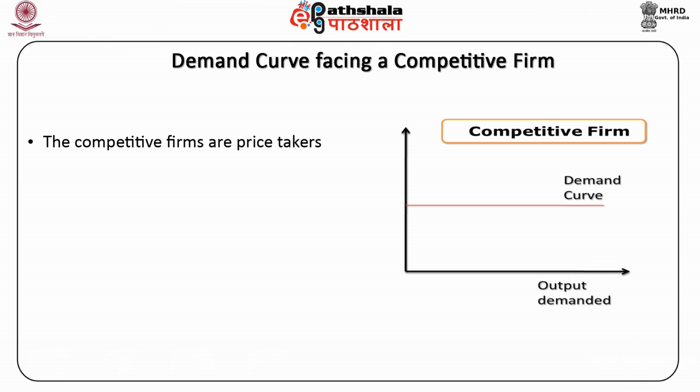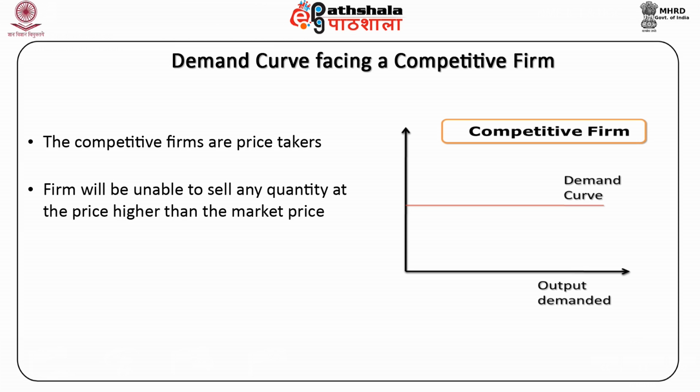A firm's demand curve gives the relationship between the demand for the output of that particular firm and the market price. The firm's demand curve is flat because every firm believes that it will be unable to sell anything at a price higher than the market price.